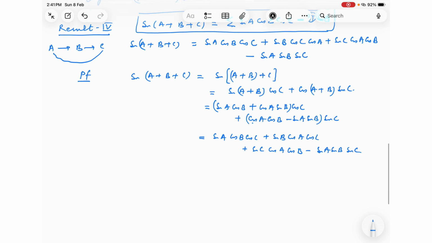In that result 4 only, we similarly have cos of A plus B plus C, with a very similar proof.